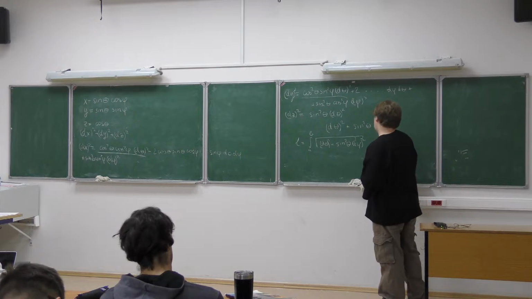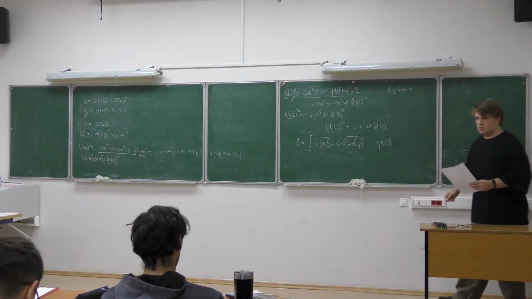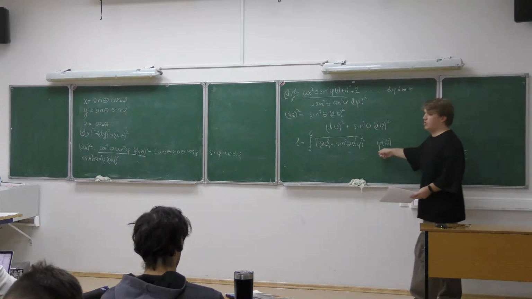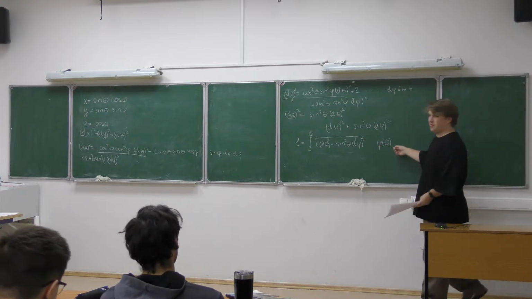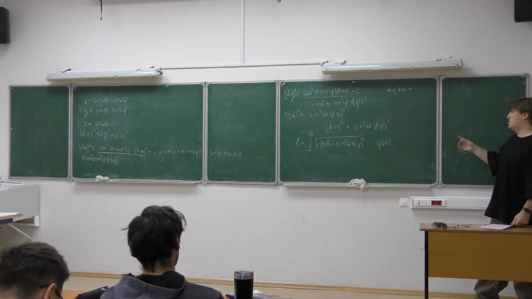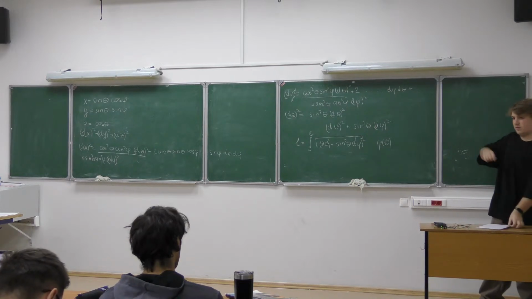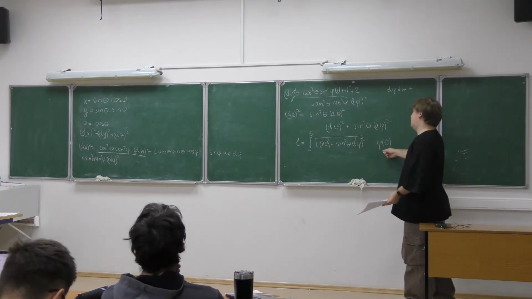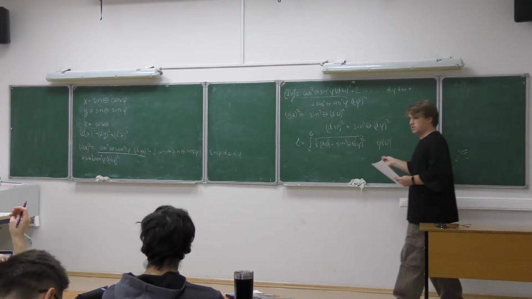I decided to think about phi as a function of theta. So we will think about our path as a phi function of theta. If theta does not change, we can just rotate the sphere some way to make phi change. I will use some variational approach to this problem.